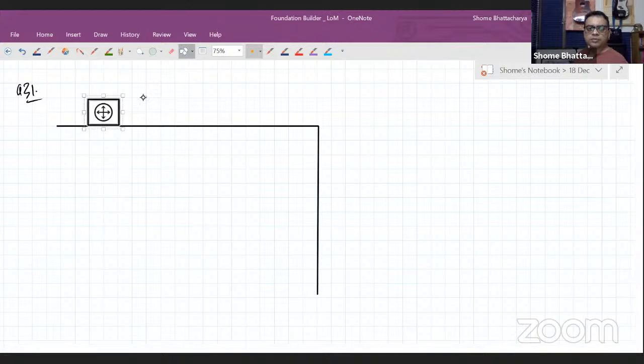The main thing that will be important for us to understand here is the relationship between the acceleration of this block and the acceleration of the other block which is hanging vertically.